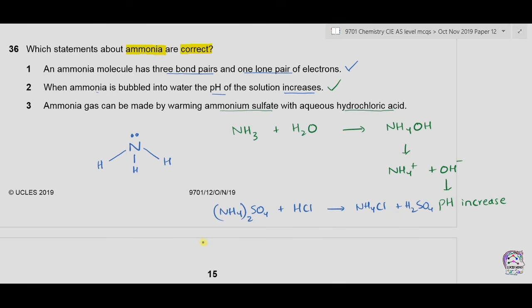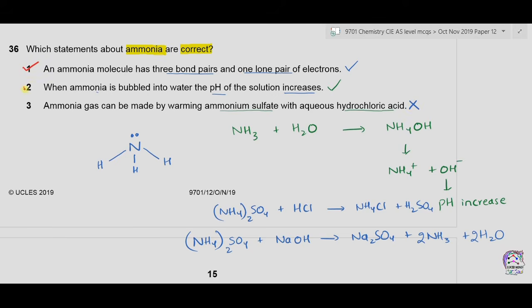Actually, whenever we need to make ammonia gas from an ammonium salt, we would take ammonium sulfate and react it with alkalis such as sodium hydroxide. Now it will form the salt Na2SO4 along with ammonia and water molecules. So option 3 is incorrect.